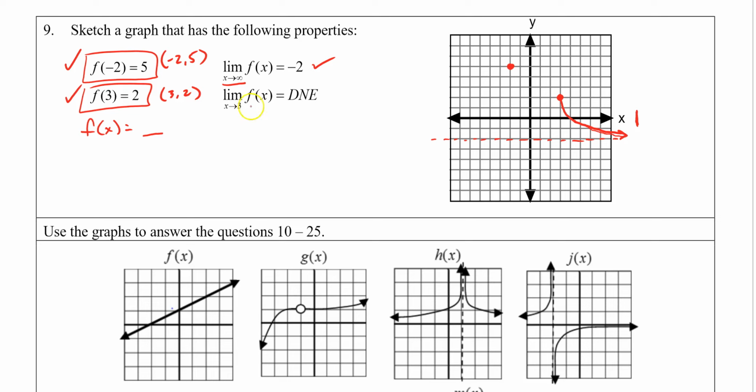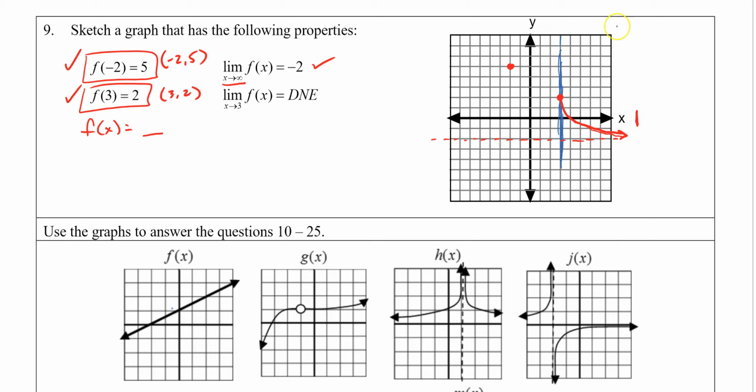Alright, and then the last part, I want the limit of the function as x approaches +3. So +3 is this line. I want my limit to not exist. Well, if it doesn't exist, it means the left side and the right side don't match. One of the two sides, it appears to be the right side already, if we follow that line we just made, approaches the value of +2 at this point.